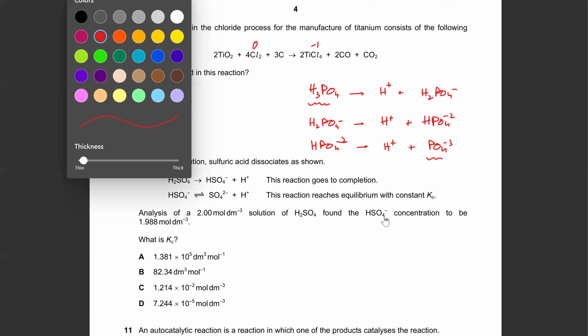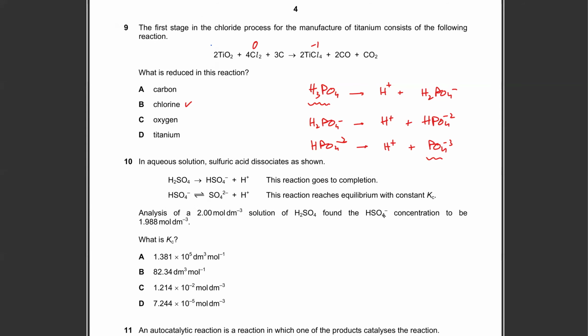Now the first dissociation is always very strong, while the last dissociation is very weak. Can you answer me why the last dissociation is very weak? It's very easy for phosphoric acid to lose one H+ ion, but very difficult to lose all 3 H+ ions, especially the third one.